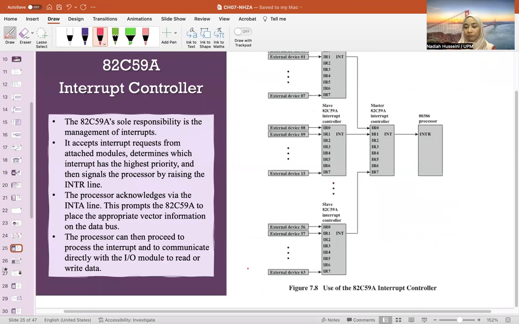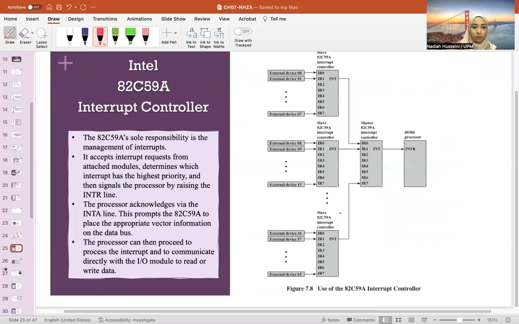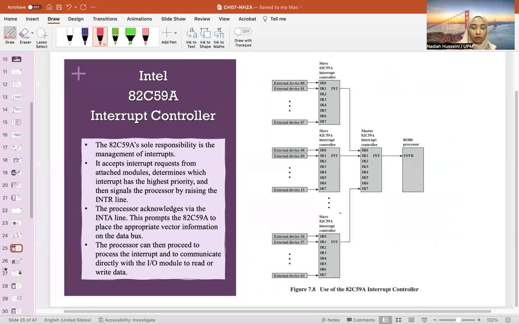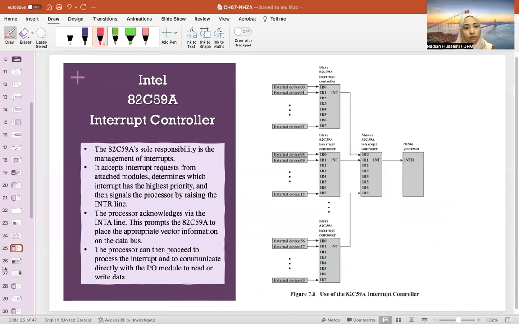Okay, moving on. So this is an interrupt controller, an Intel 82C59A interrupt controller. Its responsibility is the management of interrupts. It accepts interrupt requests from attached modules and determines which interrupt has the highest priority. Previously, we were talking about how to identify which device is issuing the interrupt.